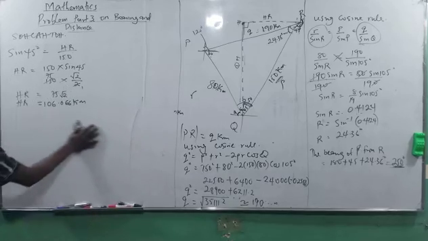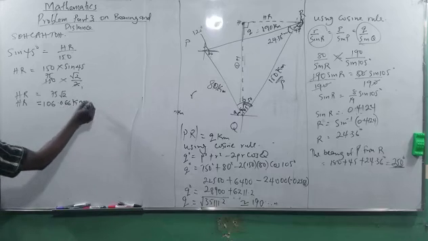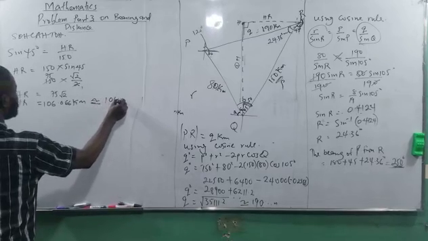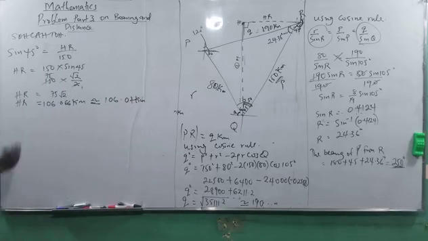Perpendicular distance, that is what I'm looking for. To 2 decimal places, it is approximately 106.07 kilometers. That is the distance the question demanded.